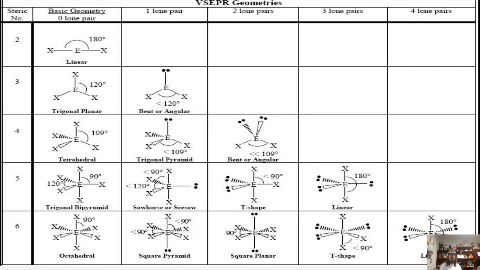Trigonal pyramid basically means instead of the equilateral structure, it's a smooshed pyramid. It's a triangle, but now it's an isosceles triangle with the peak being at the E rather than being at the upper X. So if here was our big pyramid, we're smooshing it down to a smaller pyramid.